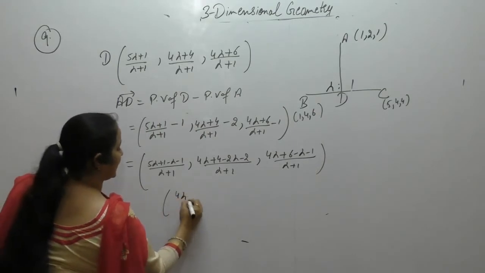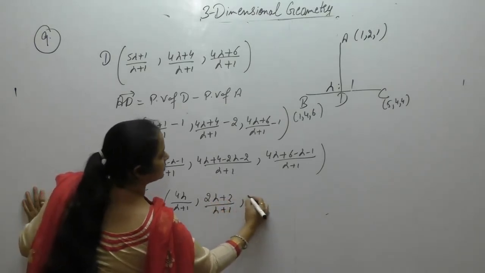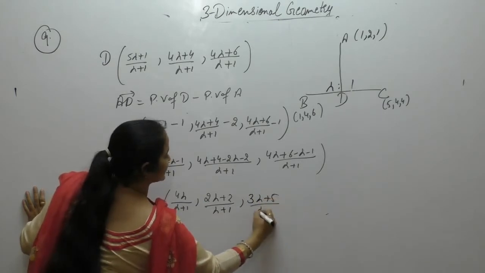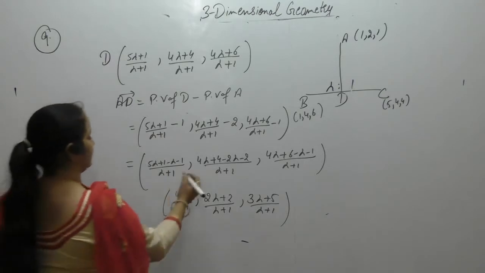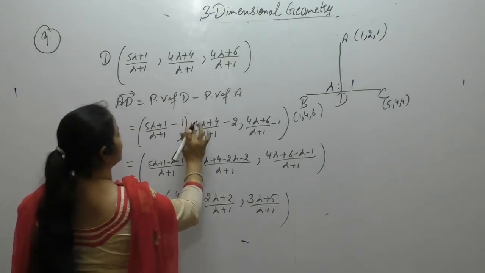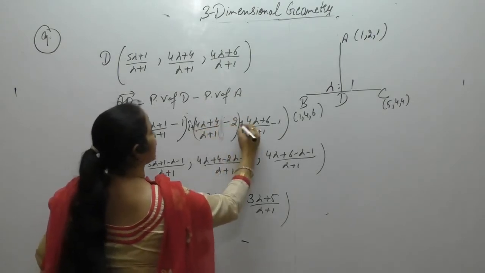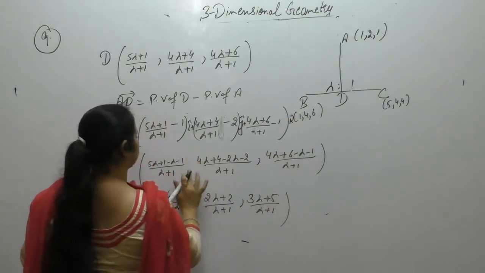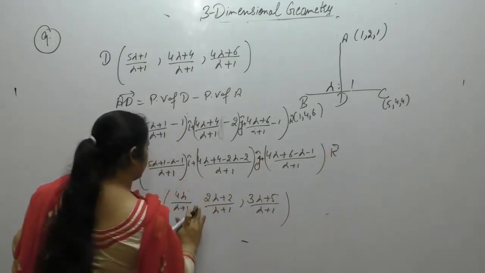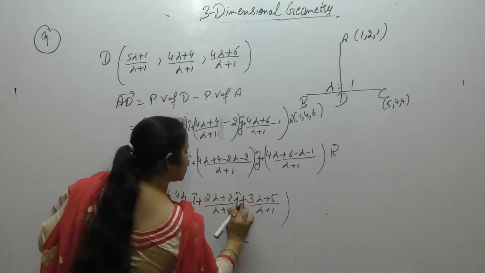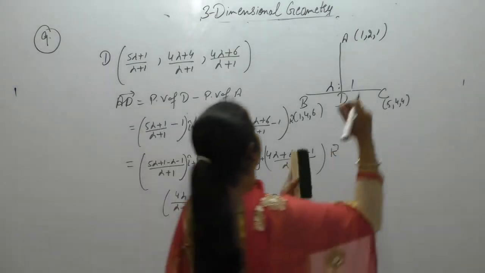So what we get? 4 lambda upon lambda plus 1, 4 minus 2, 2 lambda plus 2, 4 minus 1 is 3 lambda, 6 minus 1 is 5. 4 lambda upon lambda plus 1 i cap, we are finding position vector, so i cap plus j cap plus k cap. This is AD vector.